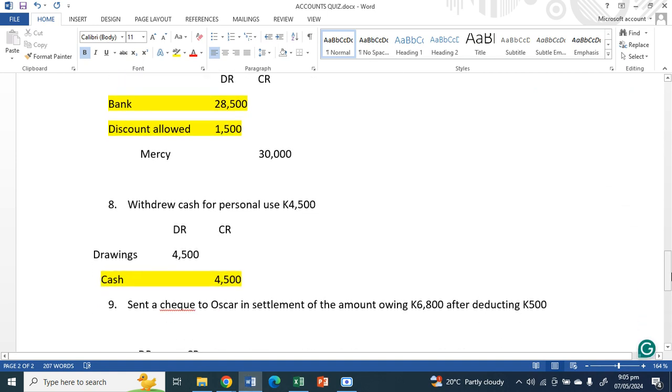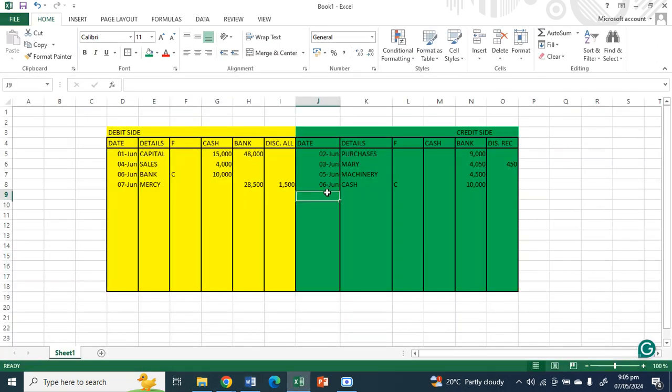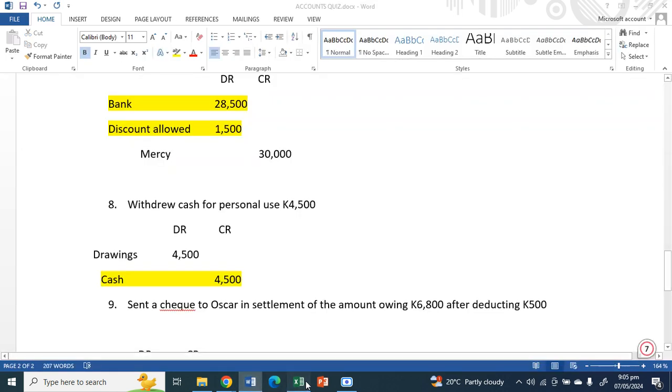Okay, 8th June, we're crediting cash 4,500. We've got drawings here, drawings, cash, 4,500.